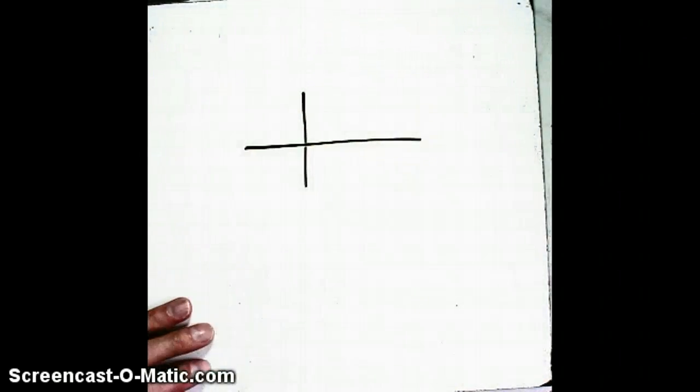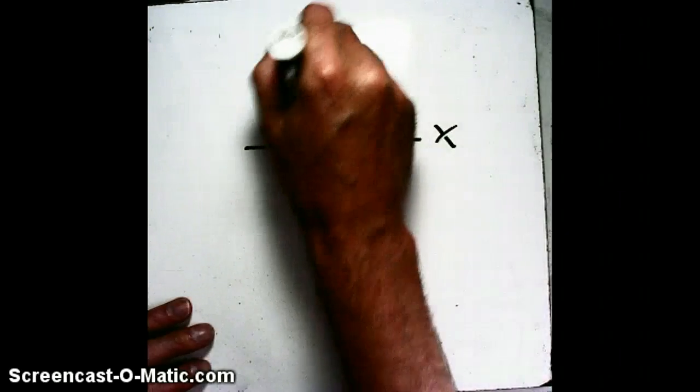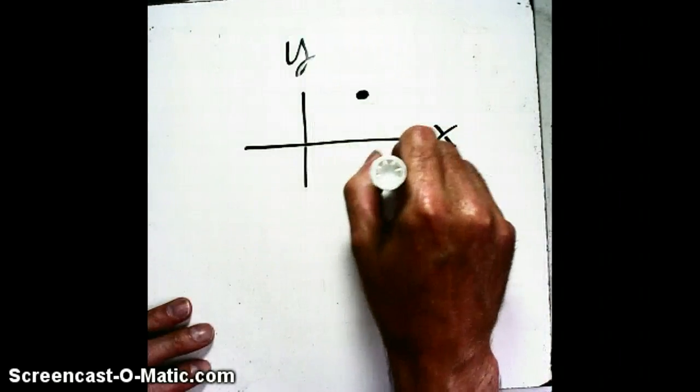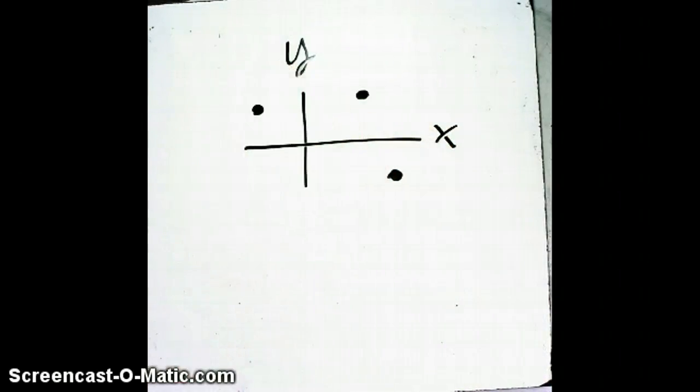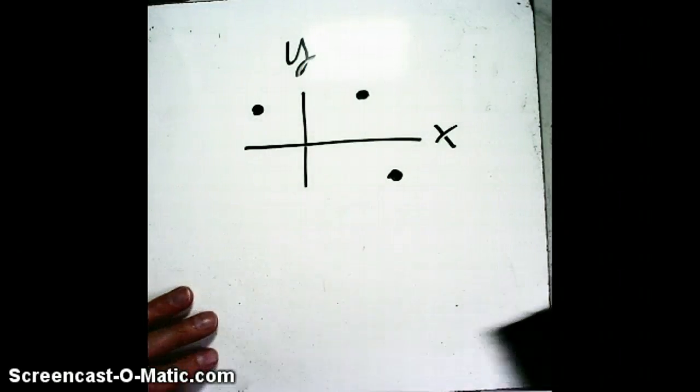One additional piece of information we need to be reminded of when we talk about this is the coordinate plane. Remember, you had an X and a Y, and you had points identified on the coordinate plane using coordinates. So we're going to take all of these ideas and put them together.